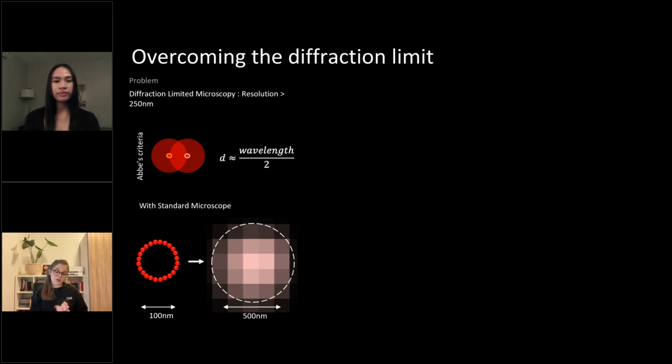The limit we can reach with conventional microscopy is approximately half the wavelength of the light we're using. Okay, so this is normally in the range of 250, 300 nanometers. What does this mean? Structures that are smaller, for example, structures that are 100, 50, 10 nanometers apart, we will not be able to distinguish. We will see them as one structure, as a big blob of light.